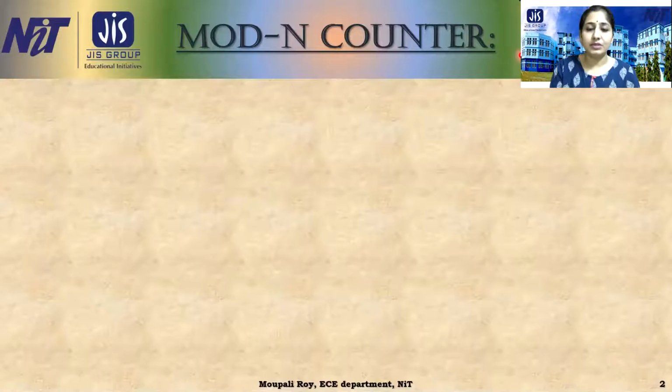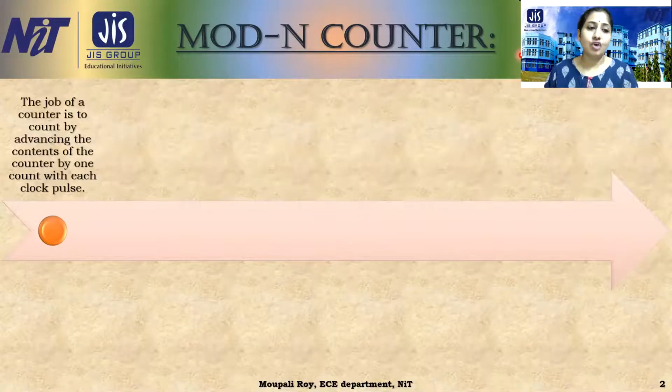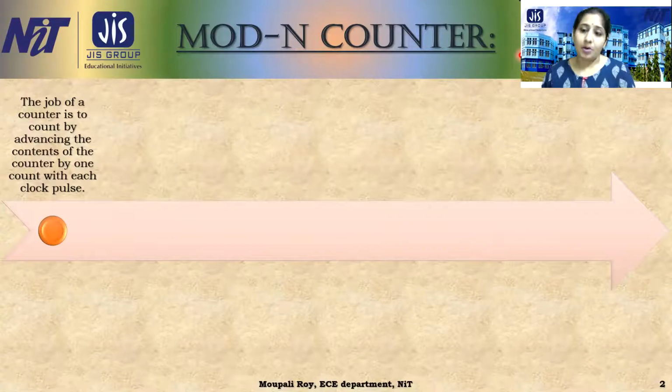Mod n counter. One by one, the job of the counter is to count by advancing the content of the counter by one count with each clock pulse. That means depending on each clock pulse we have to count.